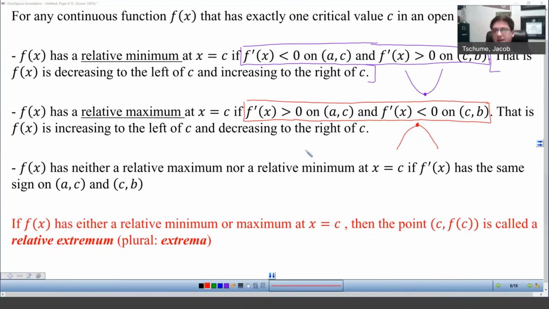If you do have a relative max or min, we sometimes call this a relative extremum, or relative extrema in the plural. So if you see a problem on your assignments that says find the relative extrema, it's just asking you to find the relative maximums and minimums. So these are the big definitions. This is what we're going to do a lot of today to determine maxes and mins.